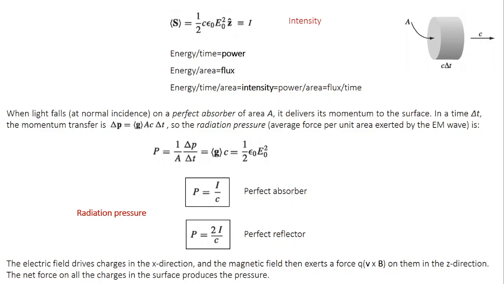I hope this example gives you an idea about the importance of radiation pressure. Once again, even though it exists on the surface of Earth, its magnitude is so weak that you don't feel its effects in our daily life. But in situations like outer space exploration, this becomes a very determining factor.